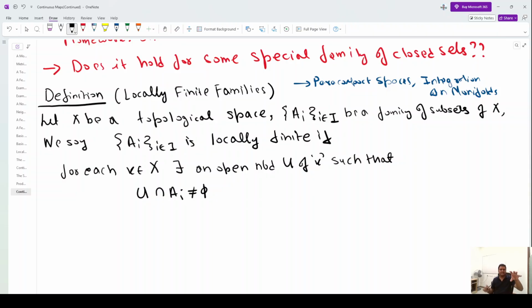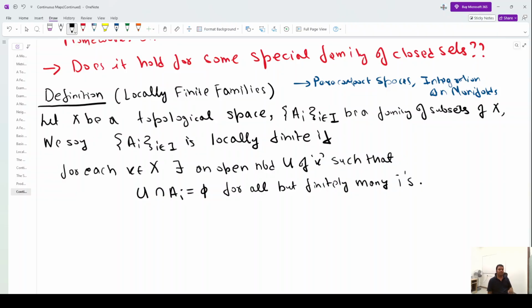this is non-empty. So the local word is justified. Now I am justifying finite. In what sense finite? It is non-empty for, or maybe let me write like this, empty for all but finitely many i.